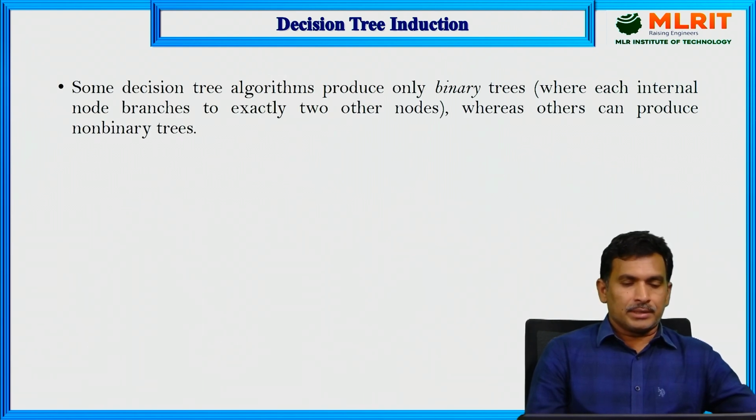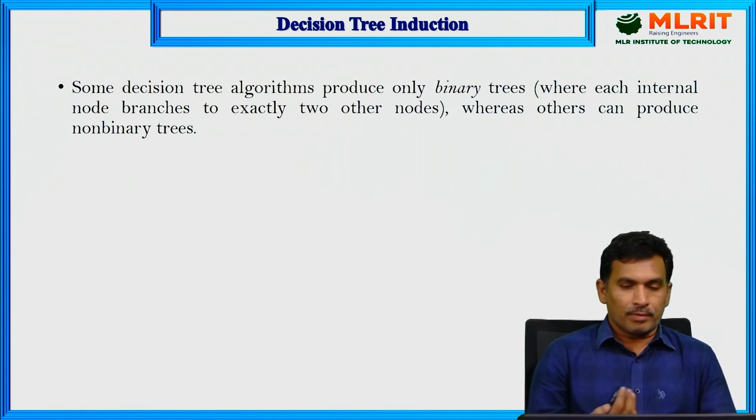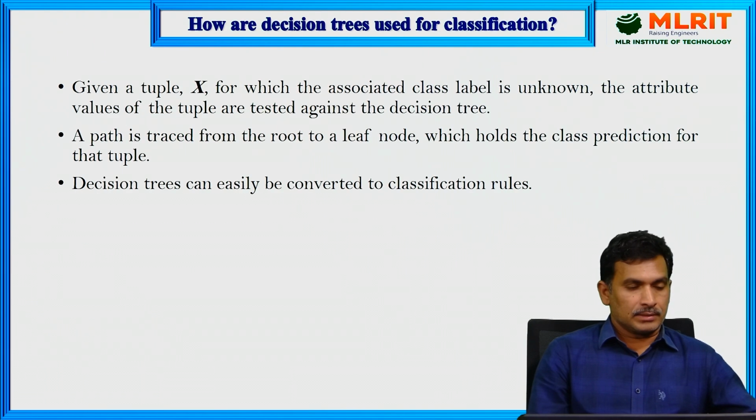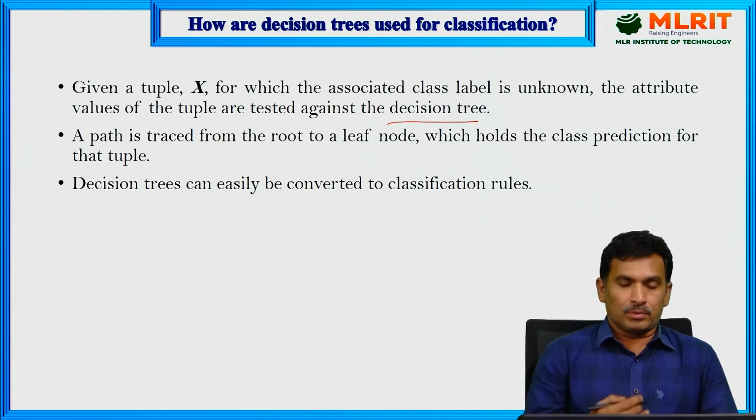Some decision tree algorithms produce binary trees. That means each attribute has two values, where each internal node branches to exactly two other nodes, whereas others can produce non-binary trees. Given a tuple for which the associated class label is unknown, the attribute values of the tuple are tested against the decision tree. A path is traced from the root to a leaf node which holds the class prediction for that tuple.